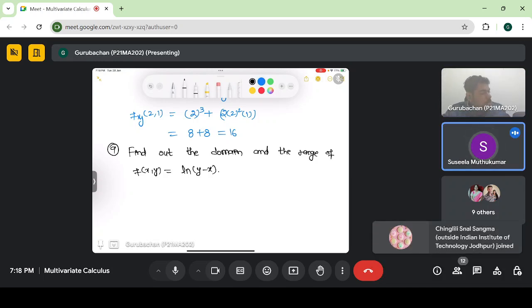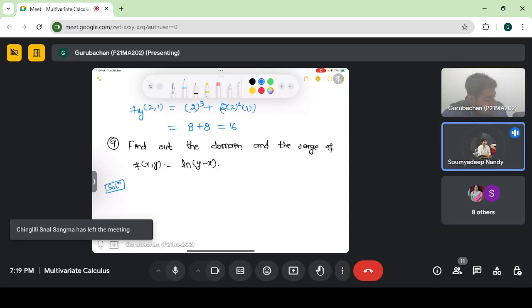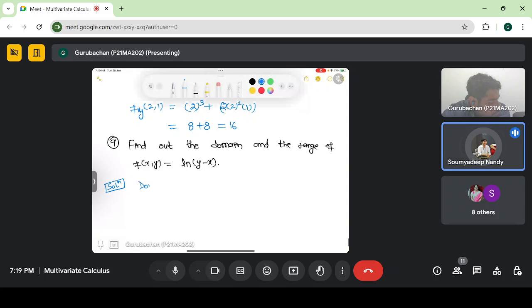Okay. So, how can we decide the domain and the range of the function? First of all, let me recall that from lecture 1. How can we define the domain and range of a function? Tell me, anybody? Everybody, I guess, attended lecture 1. What is the domain and range of a function? Let me write here.